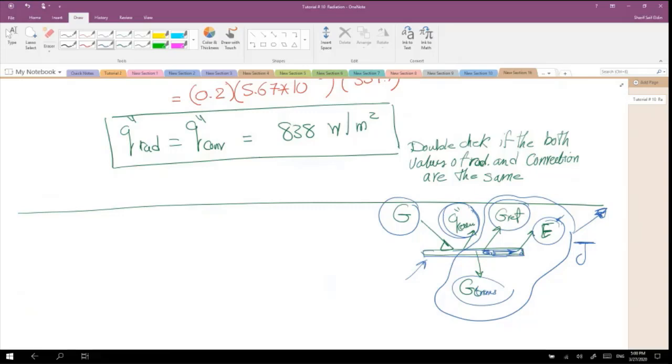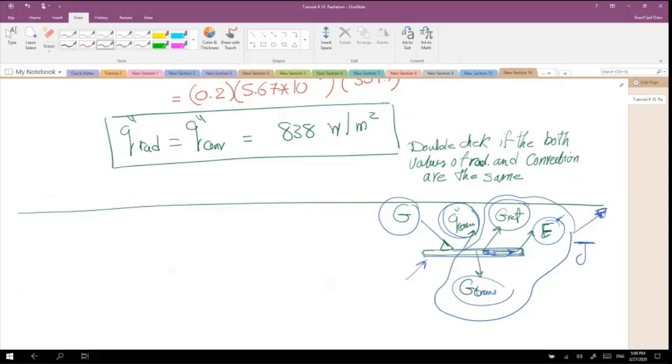Yes, thank you. You're welcome. So does anyone else have any question? Yeah, sure. I have one question. I don't intuitively understand why Q radiation is equal to Q convection. Is that just a coincidence, or should they be equal to each other?